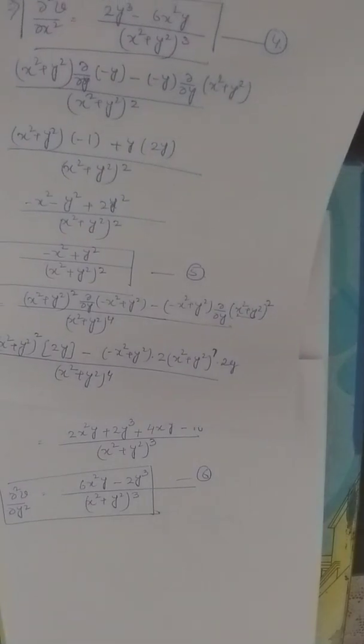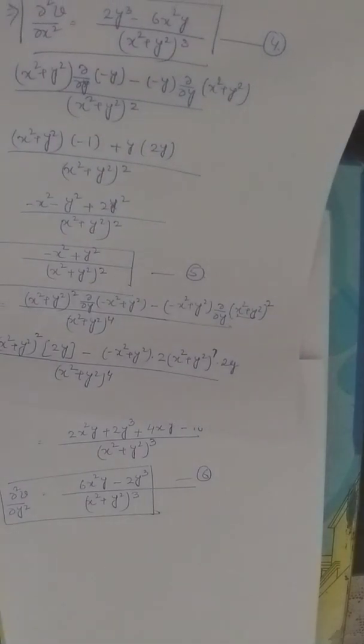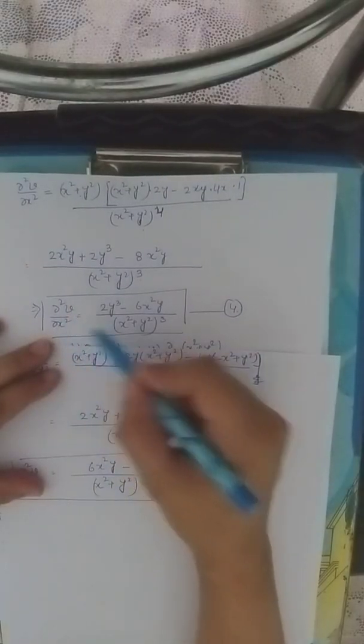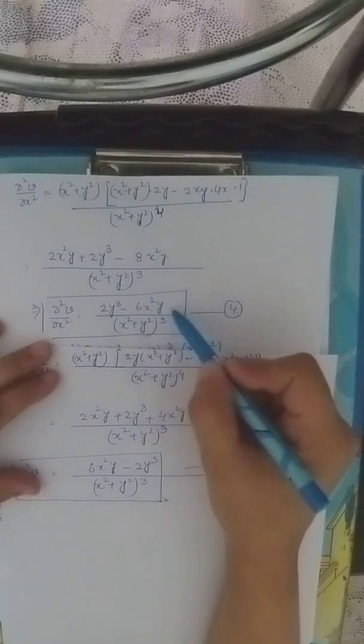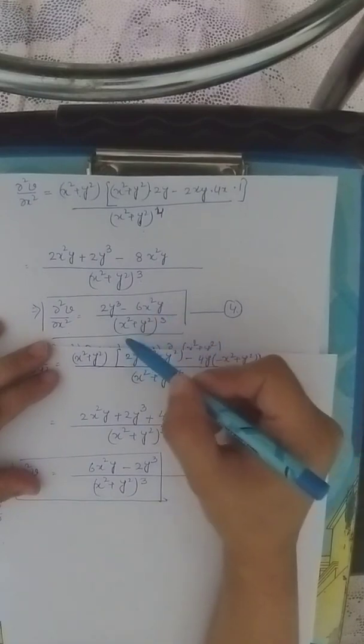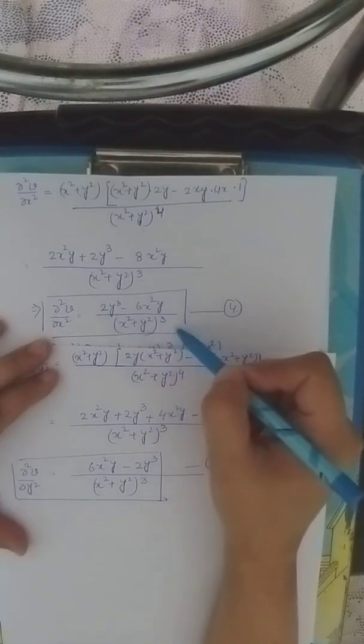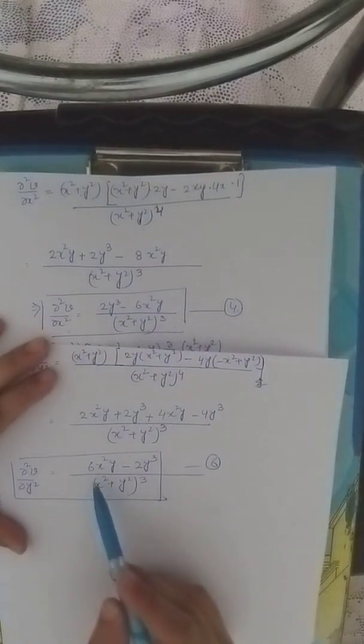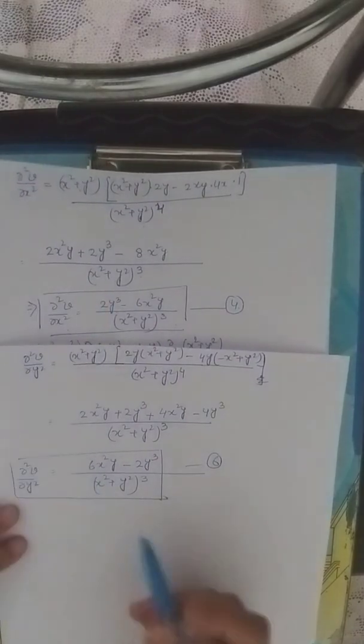Now we add equation 4 and 6. In equation 4, ∂²v/∂x², it is 2y cube minus 6x square y over x square plus y square whole cube. And in this equation, ∂²v/∂y² is just negative of 4th.